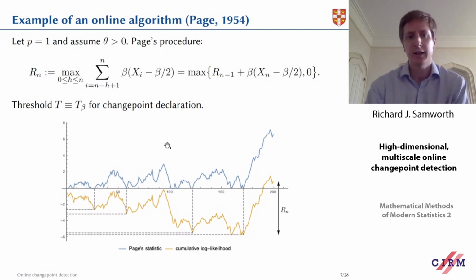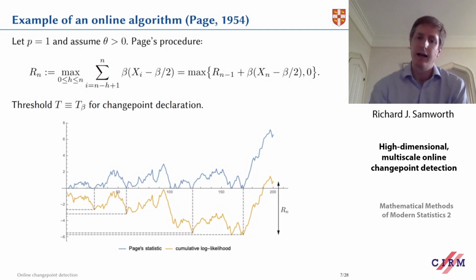What you'll notice is that if you look at, again, this ith summand, then if you're before the change point, in other words, you're coming from a standard normal distribution, then we've got a negative drift in this term because the xi's got mean 0. So you're tending to come down here. But after the change, the mean is going to be beta in the correctly specified case where theta is equal to beta. And then you're going to be coming back up again.